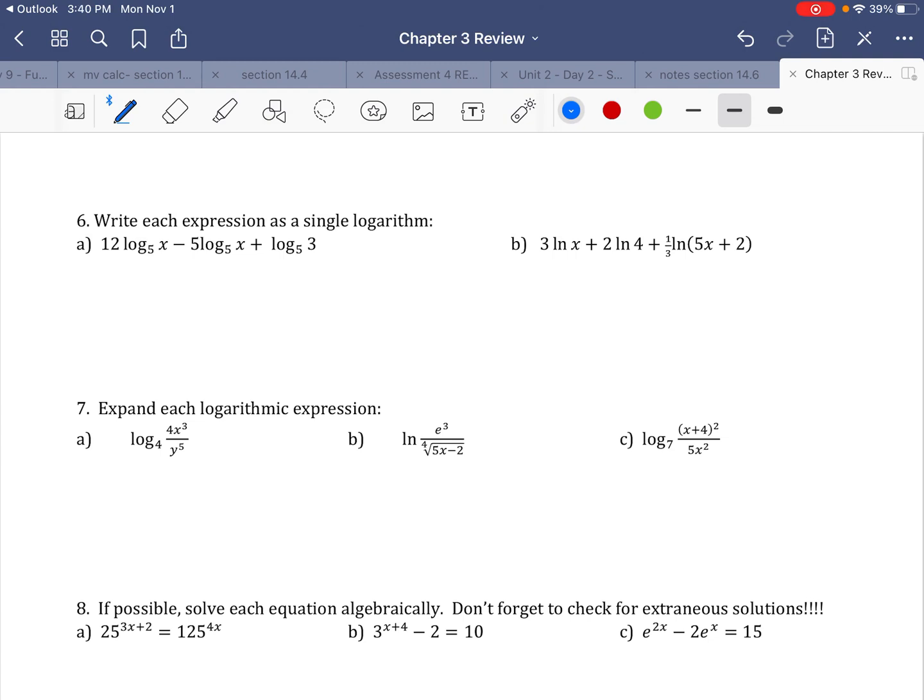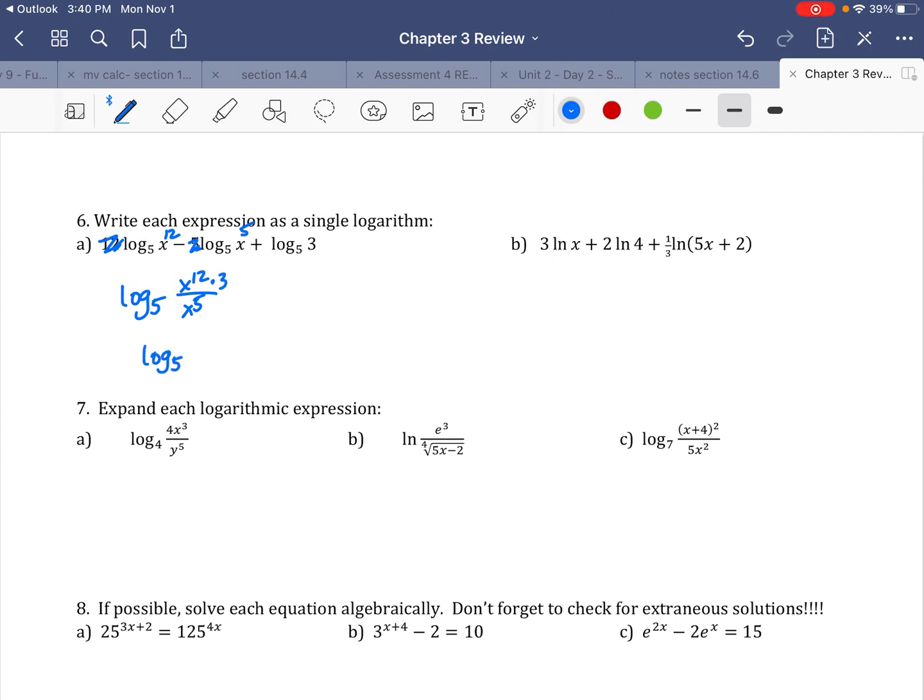So here we are condensing. We do condensing more than we do expanding, like in number 7, but let's see, I can put 12 up here as an exponent. I can put 5 as an exponent, and the last one doesn't. All right, so I have 1 log base 5, x to the 12 is divided by x to the 5th, and it's multiplied by 3. So I'm going to put that multiplication of 3 up here.